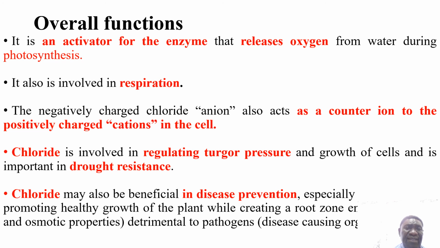It also is involved in respiration. The negatively charged chloride ion also acts as a counter ion to the positively charged cations in the cell. Chloride is involved in regulating turgor pressure and growth of cells and is important in drought resistance.